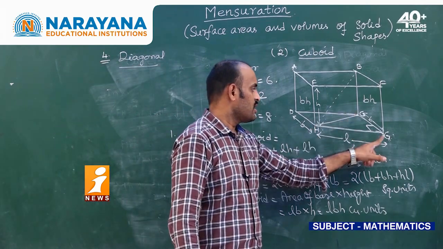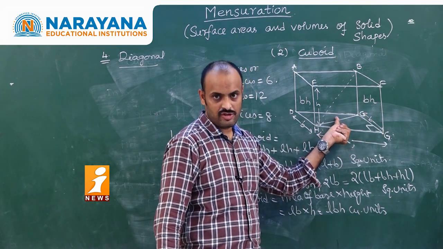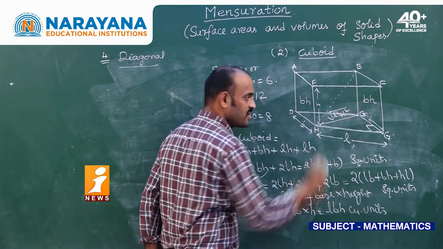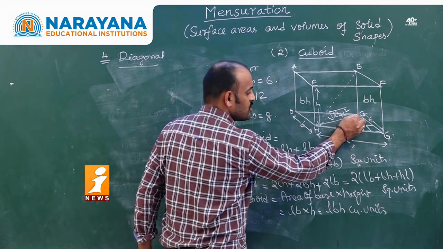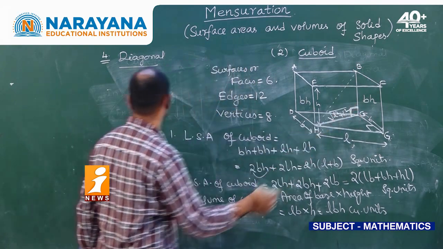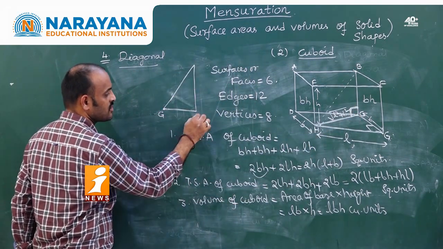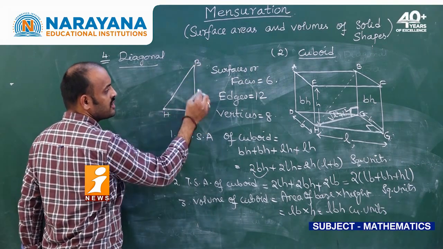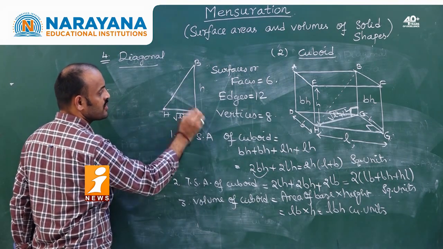So using Pythagoras theorem, side square plus side square is equal to hypotenuse square, so that it gives you under root L square plus B square. Now GH is perpendicular to BZ. So here it will be H, and this is root over L square plus B square.